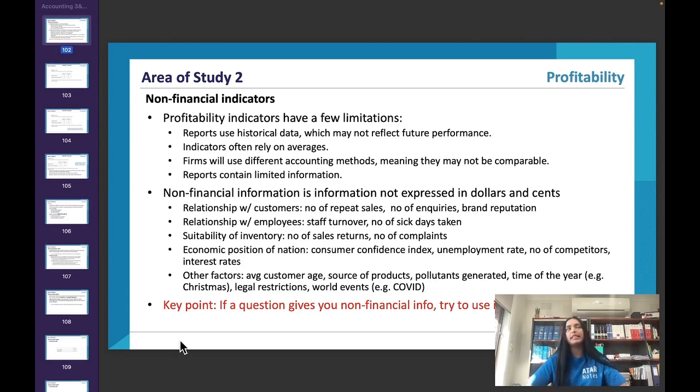Basically the rule is, if a business includes non-financial information in the paragraph of background context or in the additional information, try to work it into your answers in some way. And even if you can't immediately see a link between non-financial information and a theory response, try to think outside of the box. Try to think, how does this relate to this area of performance?